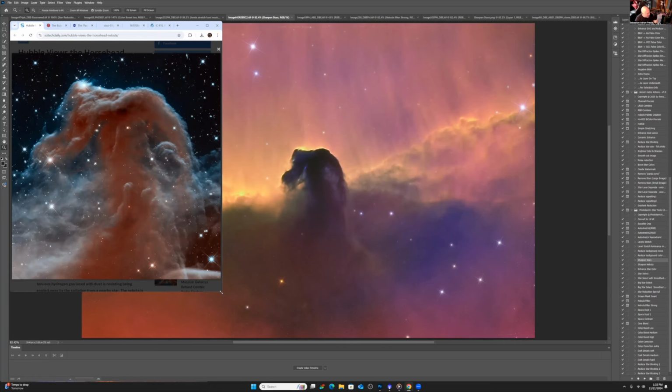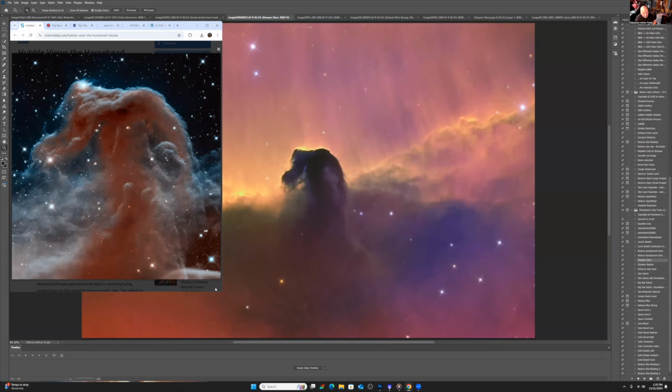I'm not even going to get into the Webb, because Webb is something else altogether. But the amount of detail and the fact that they don't deal with light pollution helps a lot. But even if you had Hubble on the ground, you still wouldn't get the details as clear as this one because of the atmospheric turbulence.